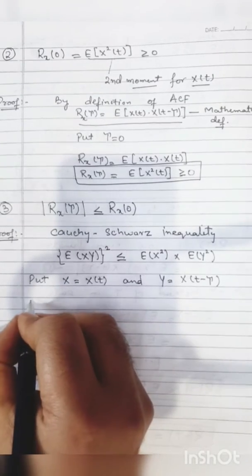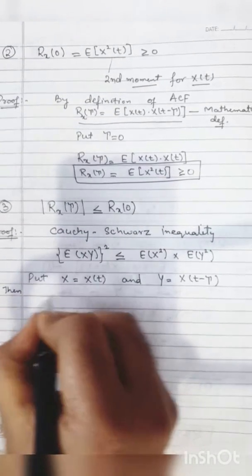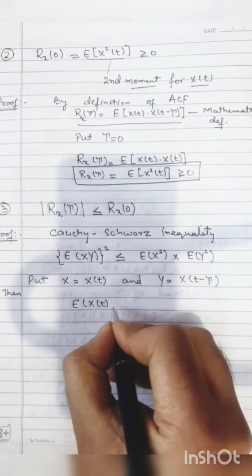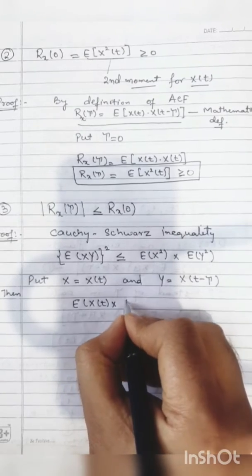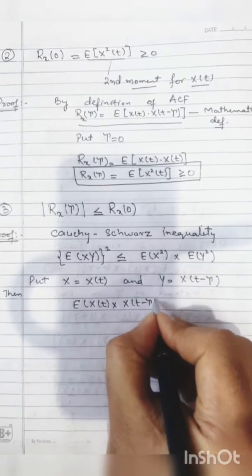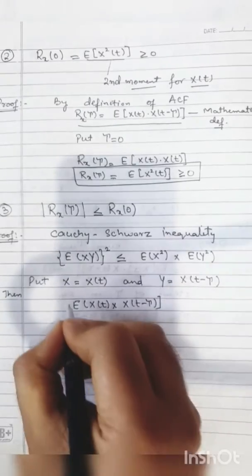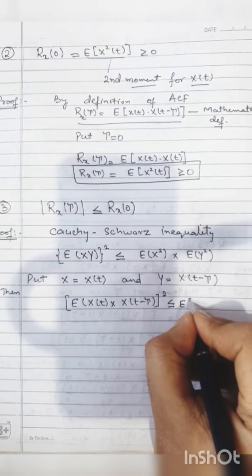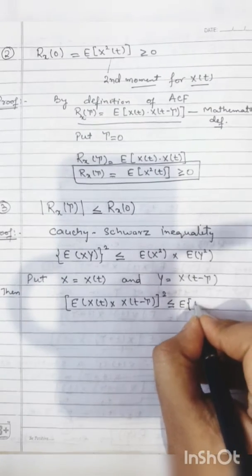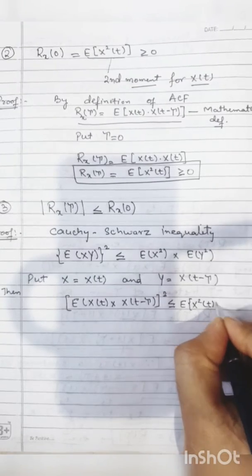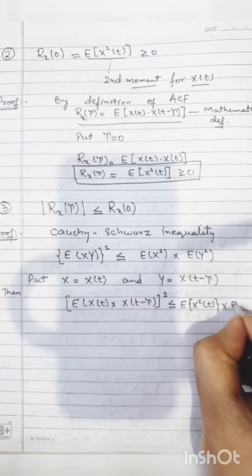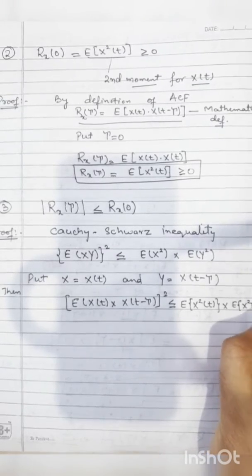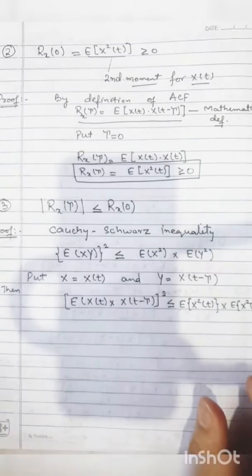What will you get? Then I will get the expectation of X(t) into X(t minus tau), whole squared, less than or equal to the expectation of X squared(t) into the expectation of X squared(t minus tau).